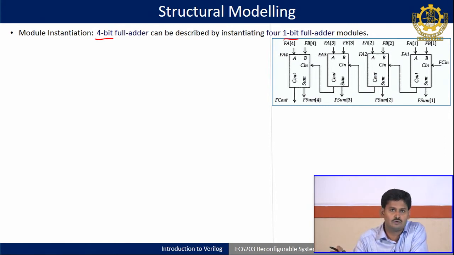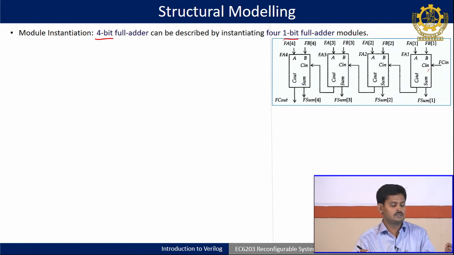For 4 bits we require 4 full adders, and sometimes the first carry in may be connected to ground, so it behaves like 1 half adder with n-1 full adders, or 4 full adders, okay.